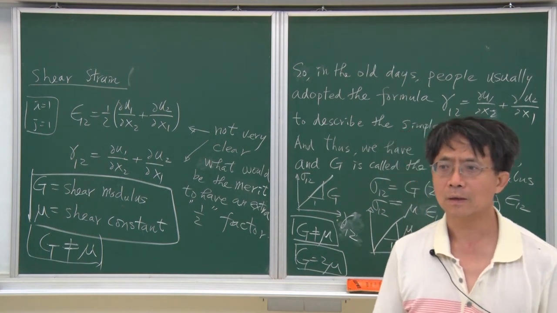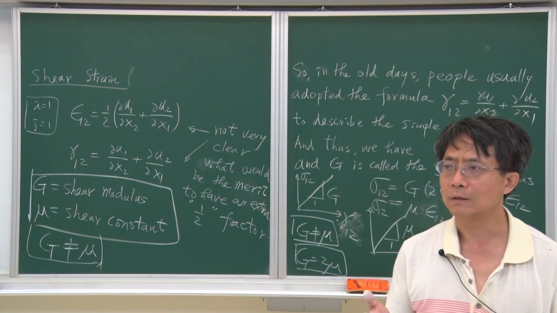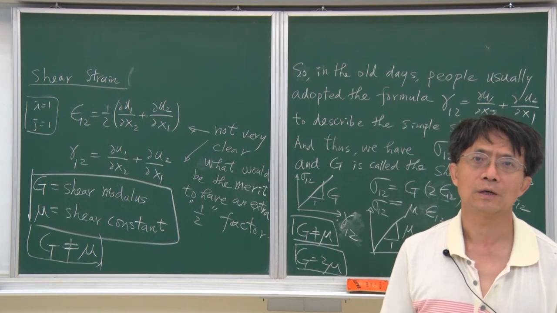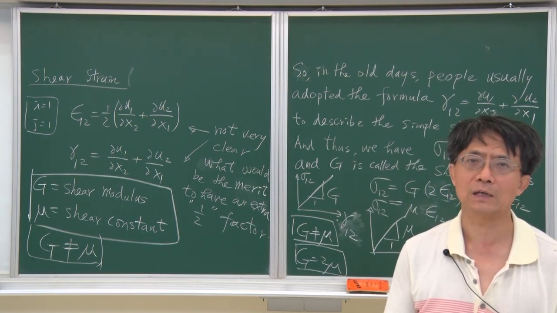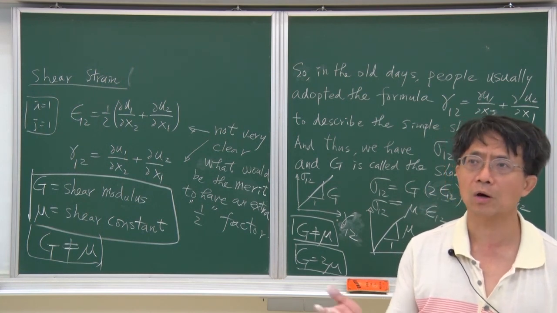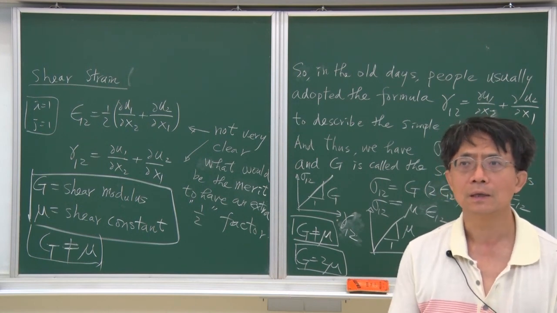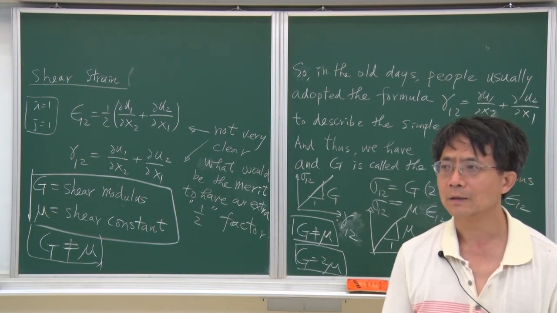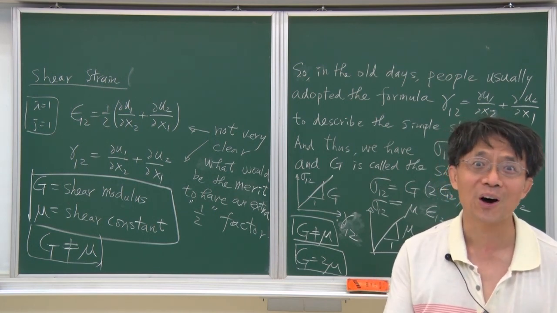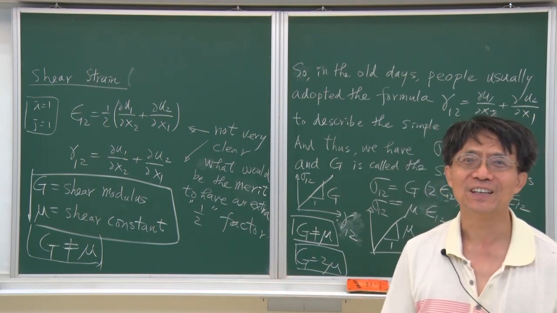It's an easy one, but if you don't pay attention to this difference, you may make some mistakes in your research, and maybe you may waste your time for 1 week or 2 weeks to find out what's wrong in the calculation. We have results 2 times different from what we expect, and then finally you figure out that nothing is wrong except that you are using the wrong definition for the shear constant.